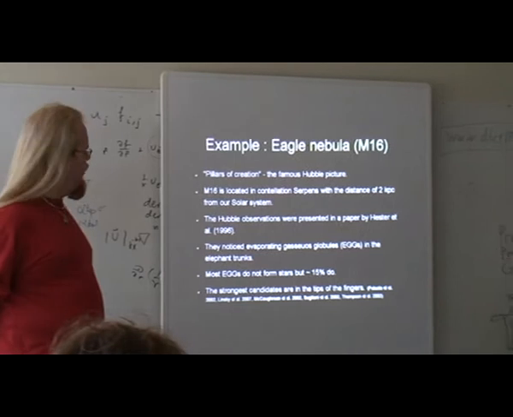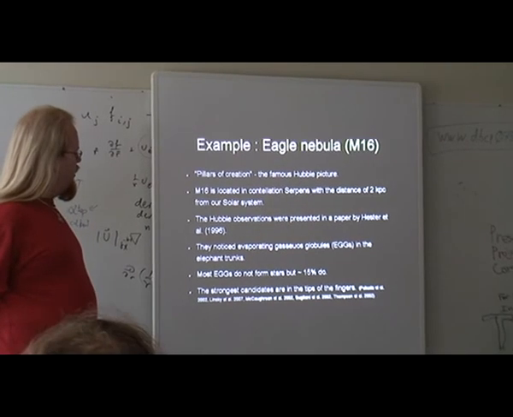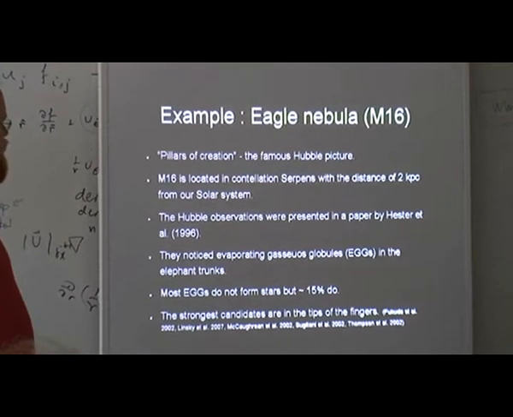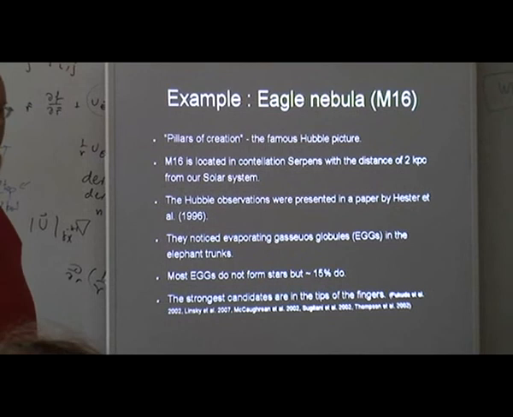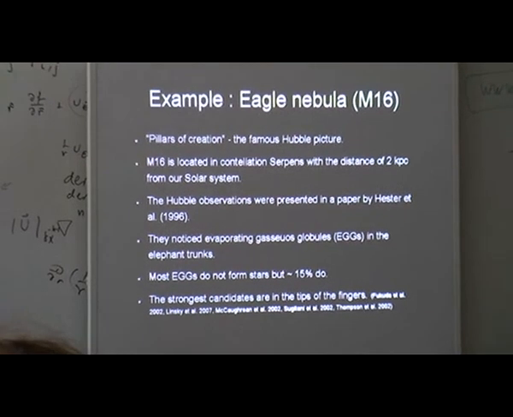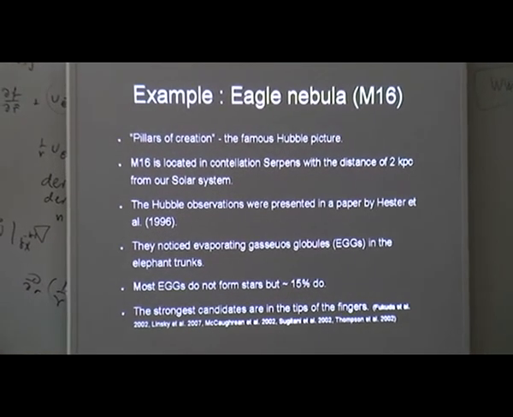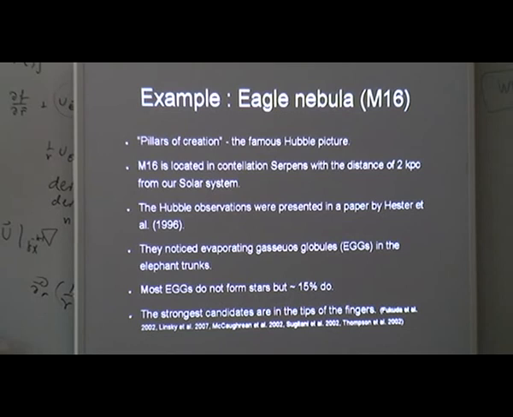Just for example, the Eagle Nebula, as far as I know, has this very famous Hubble picture. At least, if I think of one Hubble picture, this comes to my mind, even before I started doing research about this.